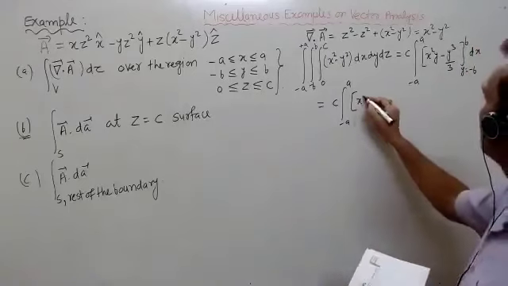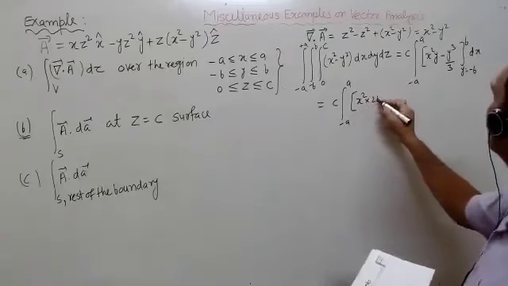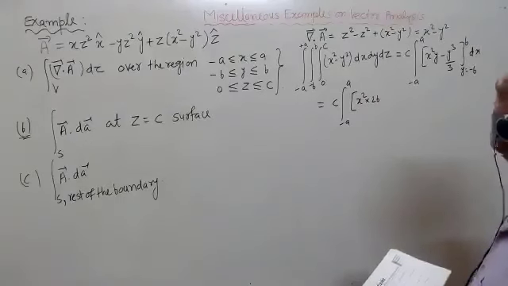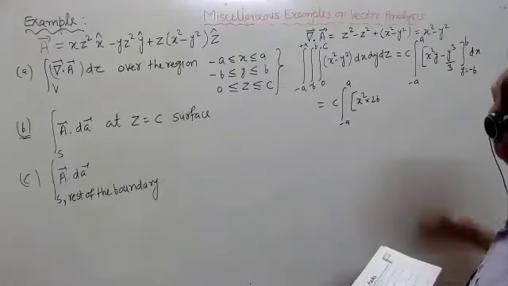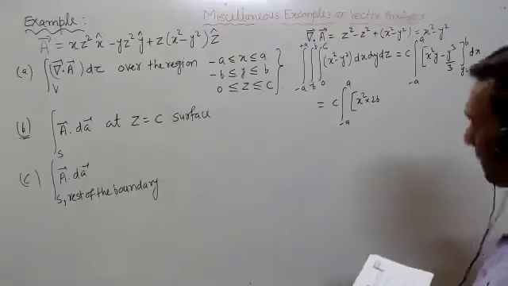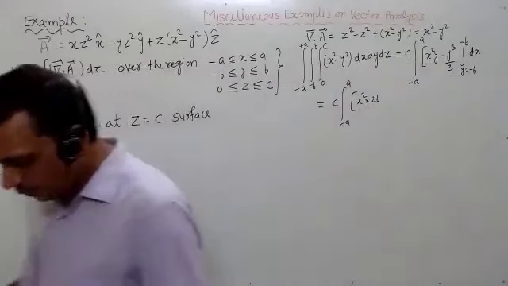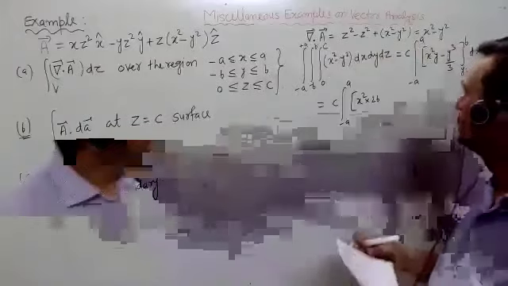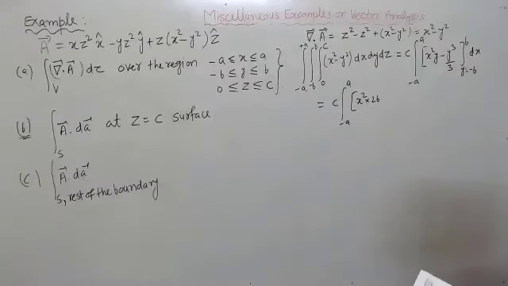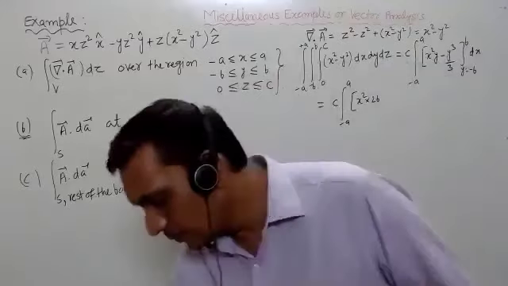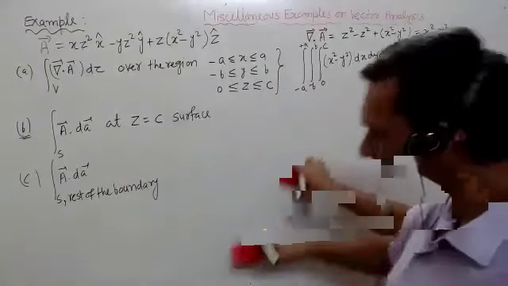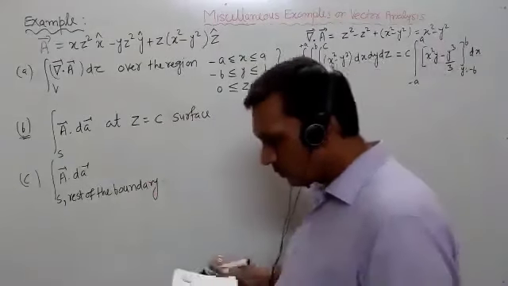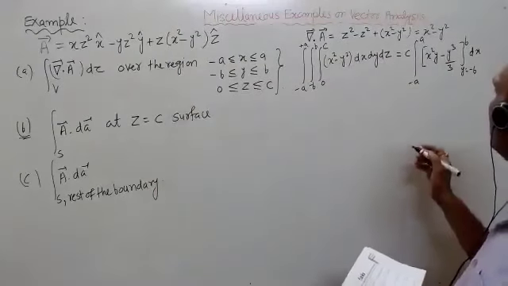So this is x square into 2b. So calculate this. Find out the integral. What will be this integral value? Please verify this integral. Sir, it's 2b x square minus 2b cube by 3.